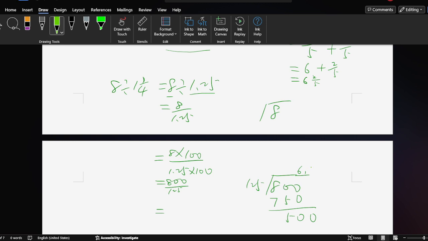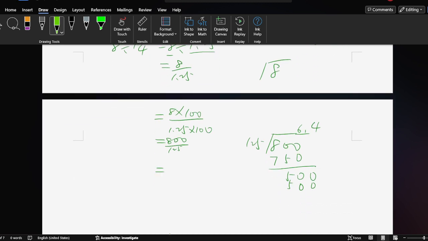So we should put 4. 4 times 5, 20. 2 times 4 is 8, plus 2, that is 10. 1 times 4 is 4, plus carry 1. So 0. So the solution should be 6.4.